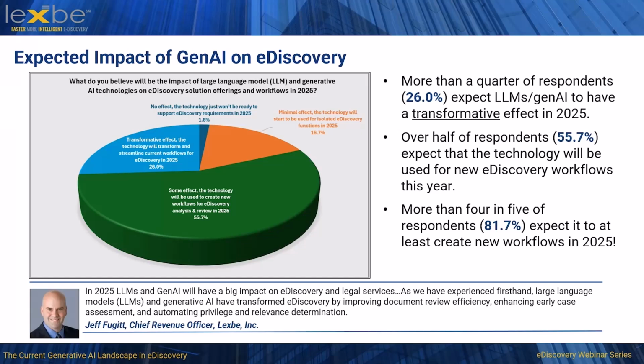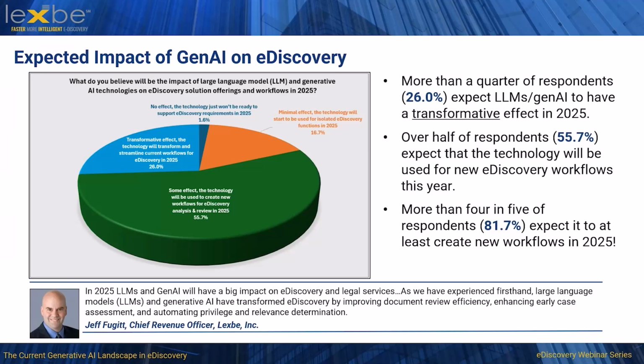And Jeff specifically talks about experiencing firsthand how GenAI is transforming eDiscovery by doing things like improving document review efficiency, enhancing early case assessment, and automating privilege and relevance determination. These are several different use cases he mentions in his comment, which illustrates just how versatile generative AI can be when applied to a discipline like eDiscovery.